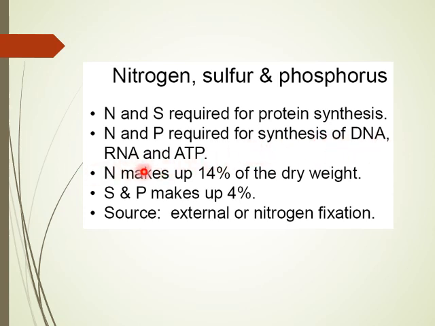Nitrogen makes up 40% of the dry cell weight. It is very important. Whereas sulfur and phosphorus make up only 4% of the cells. The source of these elements can be either external or through nitrogen fixation.